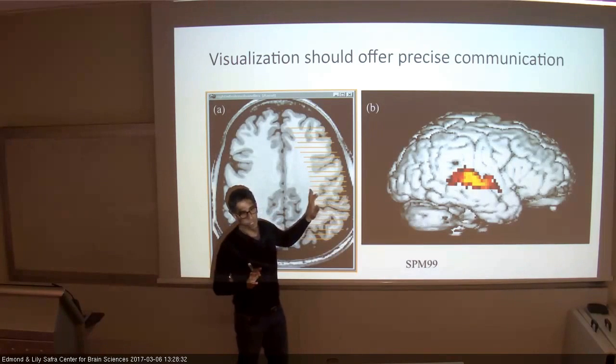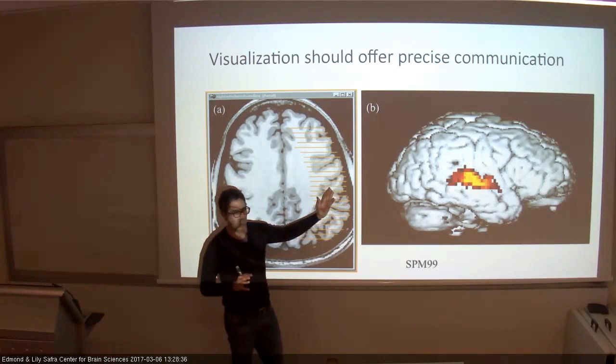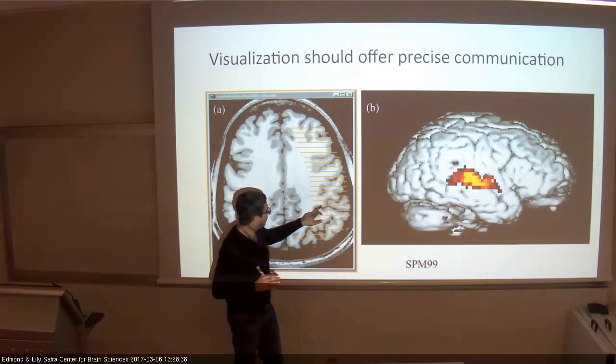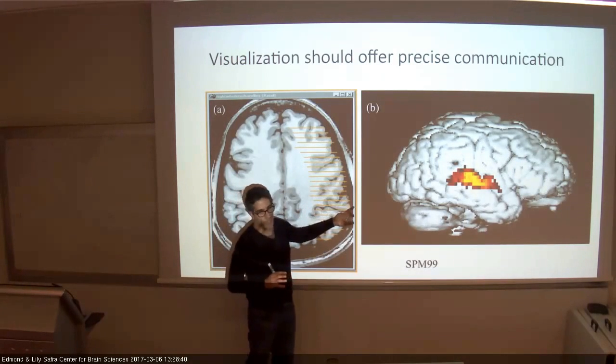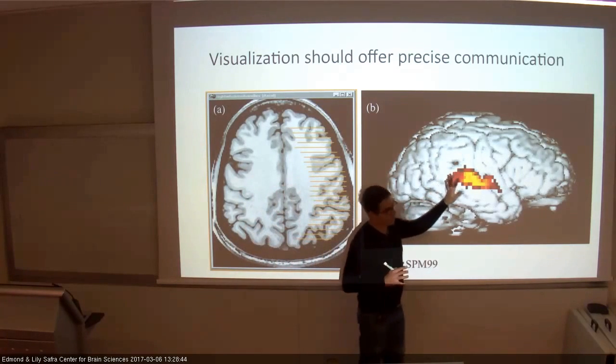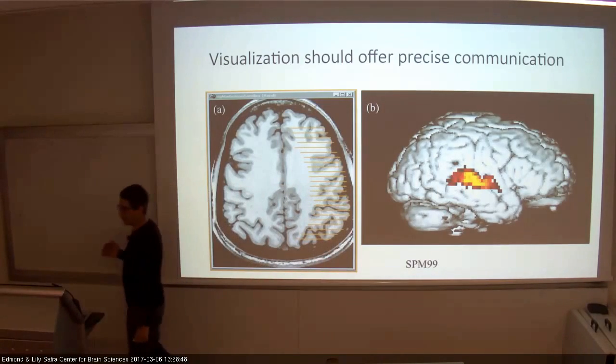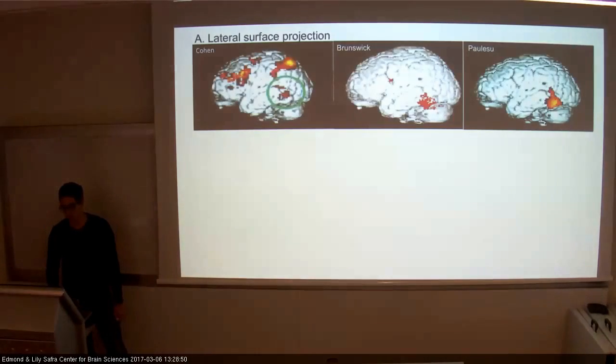So when things are just projected to the cortex, and you sometimes see that in works, when you're reading work in MRI, you should appreciate that it can come from many locations. You should be worried about this projection, or at least aware of what you think.